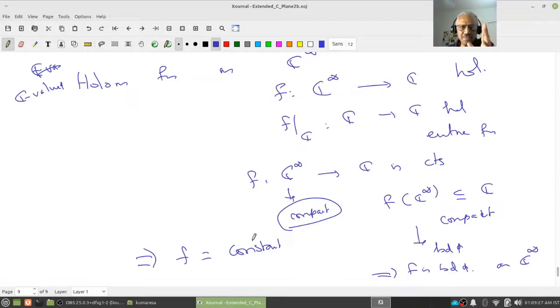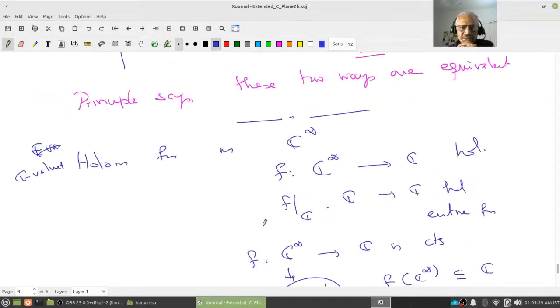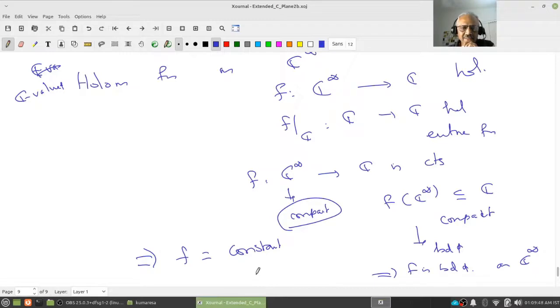f is differentiable at infinity if and only if f composite phi is differentiable at phi of infinity, which is 0. And with that I gave already 2 examples. What are the 2 examples I gave? Anything of the form z to the power minus n, where n is a natural number, is going to be differentiable at infinity. And then the only holomorphic functions on C infinity are constant functions.